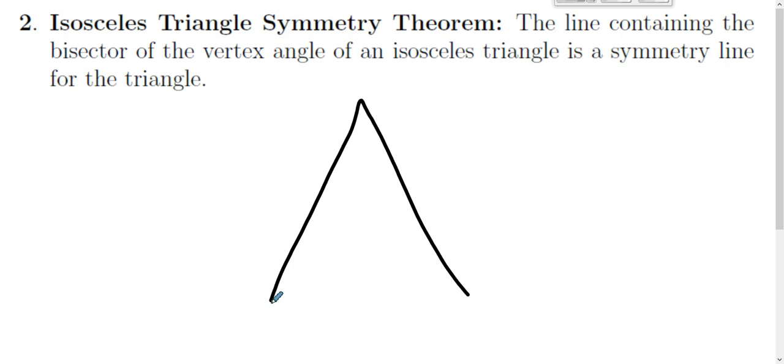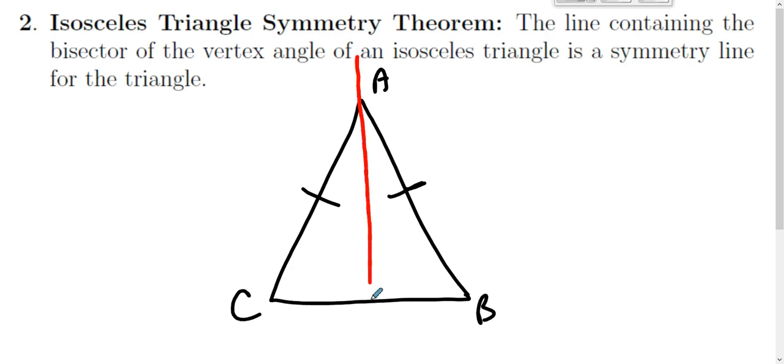If you have an isosceles triangle where AB is congruent to AC, then the line containing the bisector of the vertex angle is a symmetry line for the triangle. Well, why does that make sense?